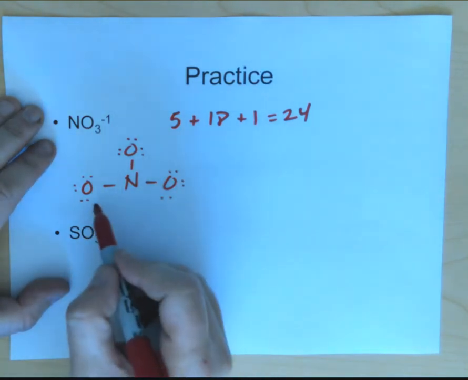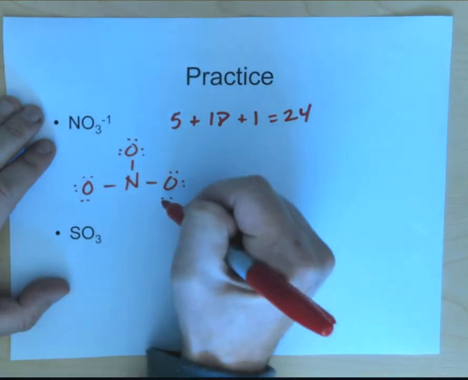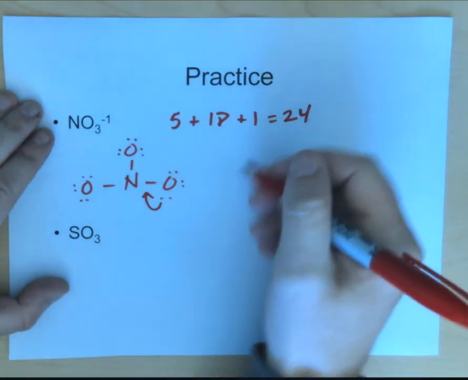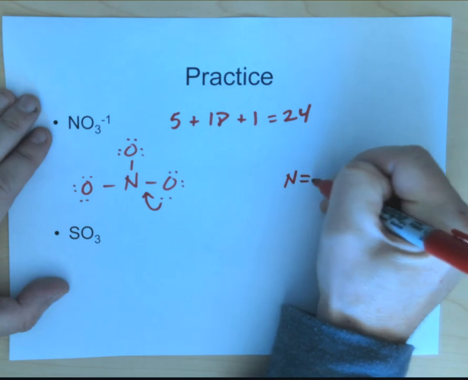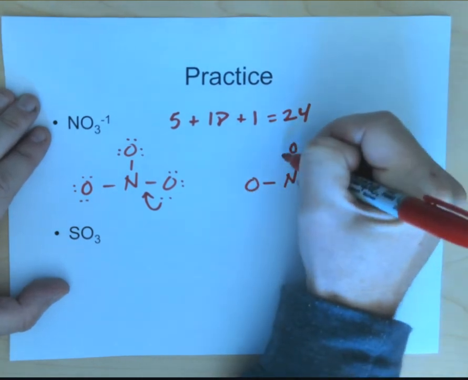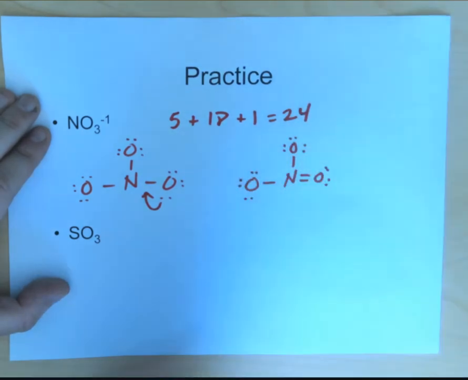All the oxygens are happy with 8, but nitrogen only has 6, so one of those oxygen atoms, it doesn't matter which one, is going to share a pair to make a double bond between itself and nitrogen. So the final structure for the nitrate ion, the way I've drawn it here, looks like that.